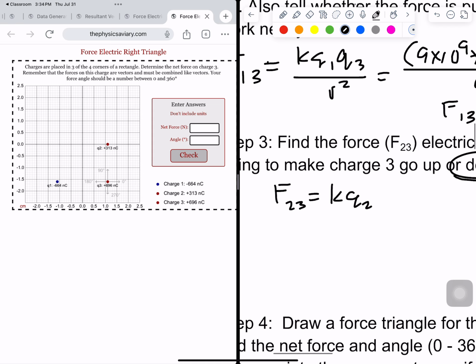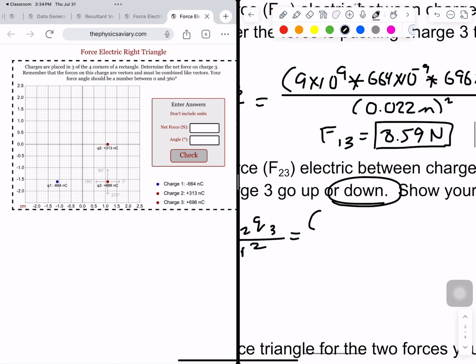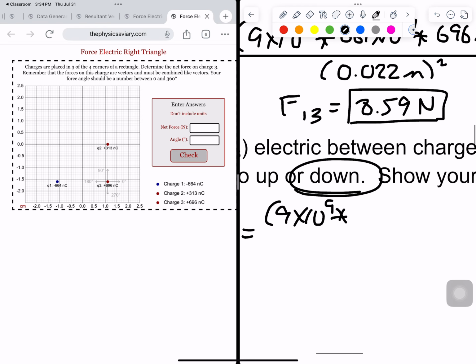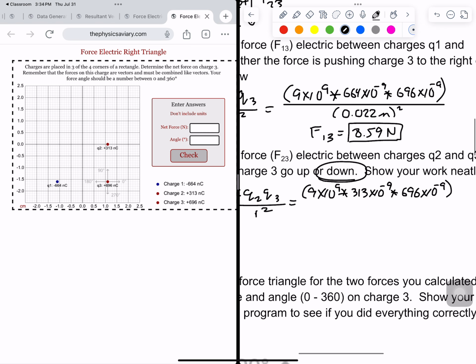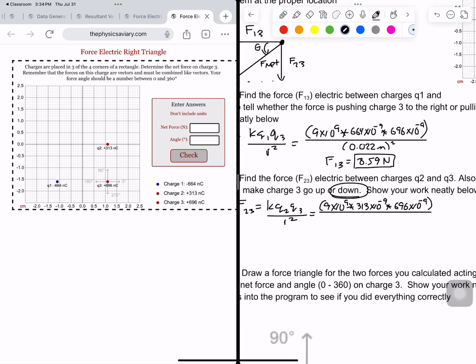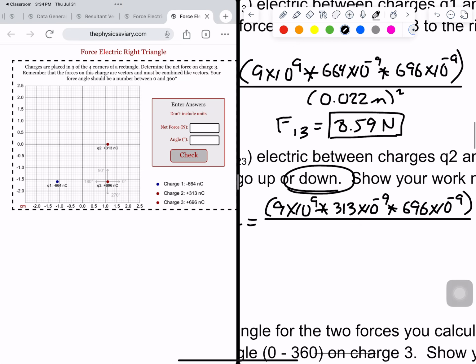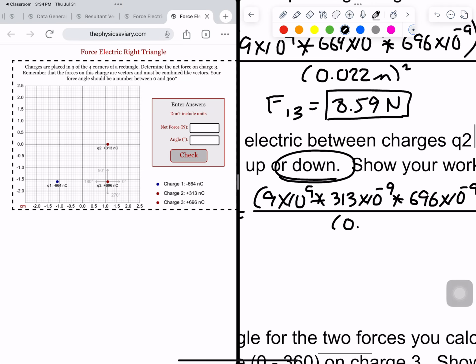K Q2 Q3 over R squared is going to be 9 times 10 to the 9 times Q2. Now for me, Q2 is 313 nanocoulombs. Enter in yours. For me, Q3 is 696 nanocoulombs. Enter in yours. And for me, it is a distance of 1.6 centimeters, which would be 0.016 meters squared.